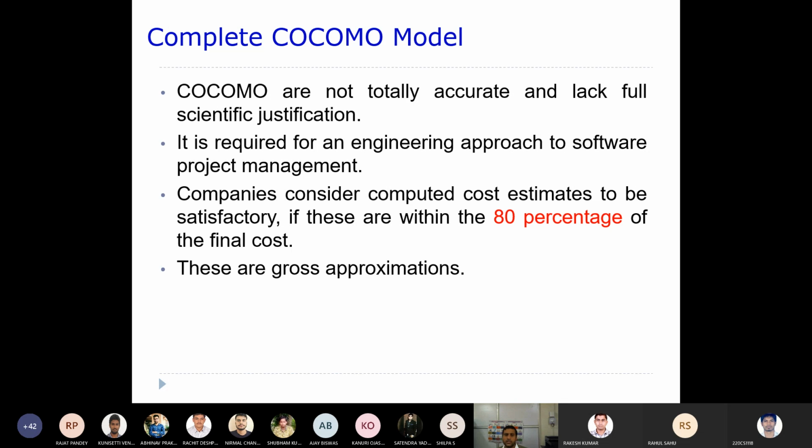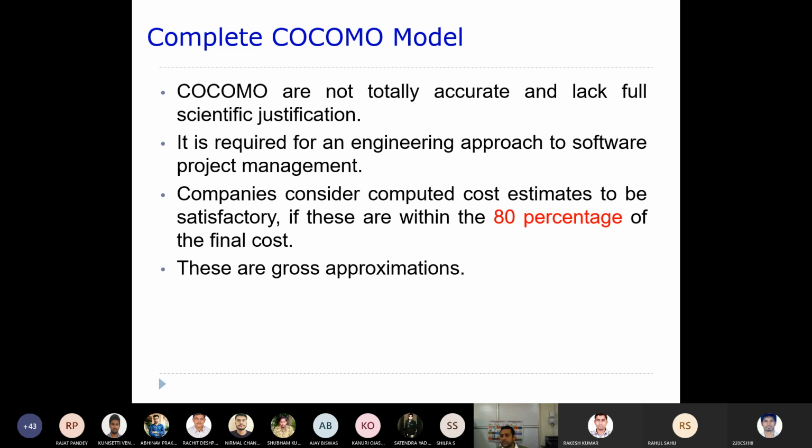You have various phases of the life cycle model. It should not consider only one phase. You need to consider all of the phases. That is why COCOMO is not suitable, because we need to consider every phase, and mostly we have not considered all of the phases there.